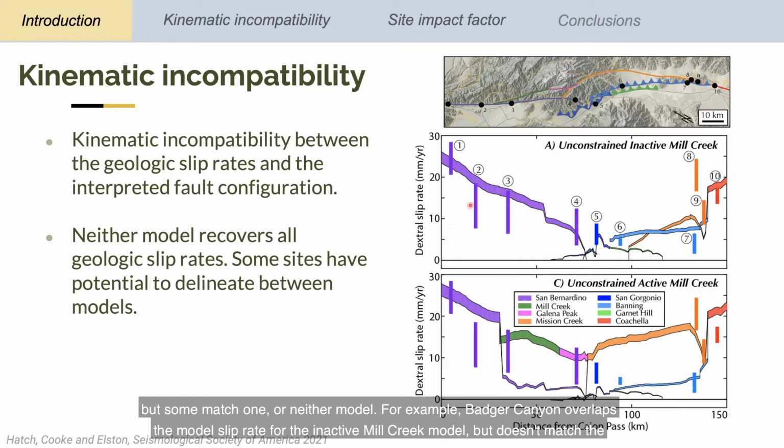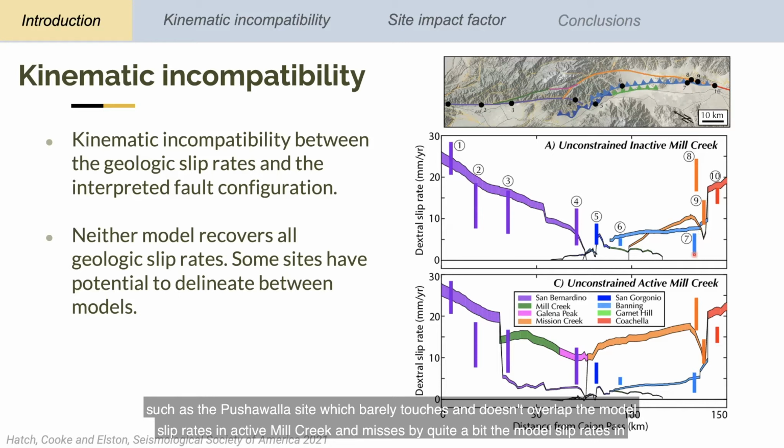The slip rates at many sites match well in both models, but some match one or neither model. For example, Badger Canyon overlaps the model slip rates for the inactive Mill Creek model, but doesn't match the model slip rates when Mill Creek, the northern strand, is active in the model. In contrast, the Washington Street site on the Banning Fault matches when the northern pathway is active in the active Mill Creek model, but doesn't overlap the model slip rates in the inactive Mill Creek model.